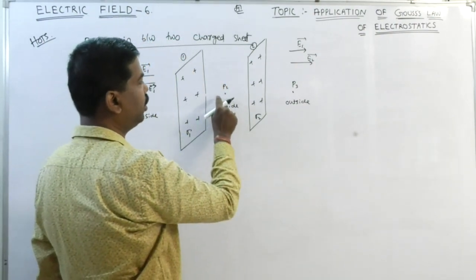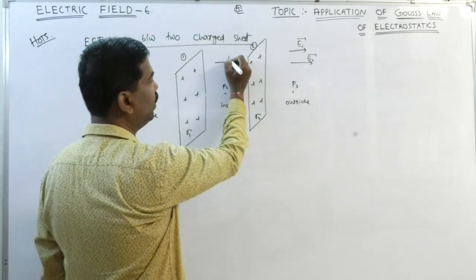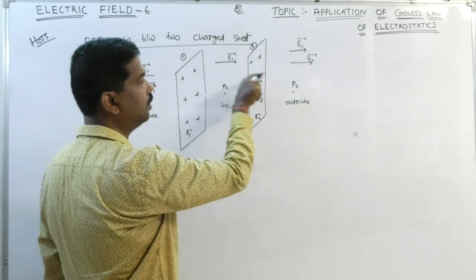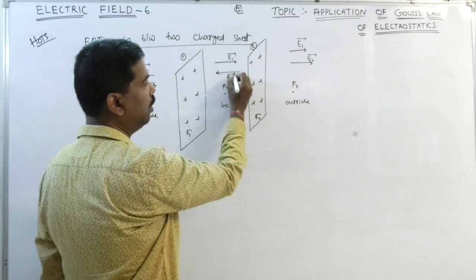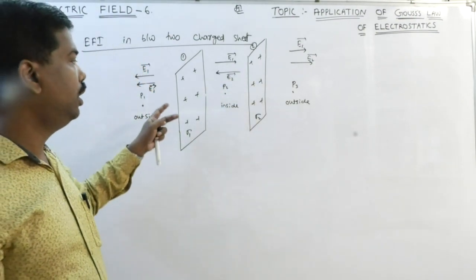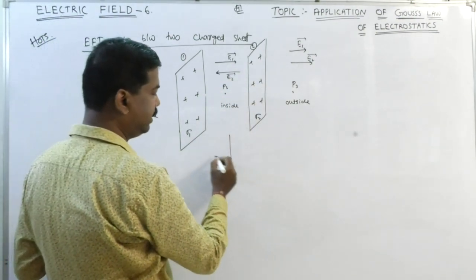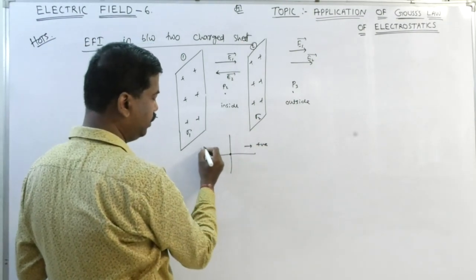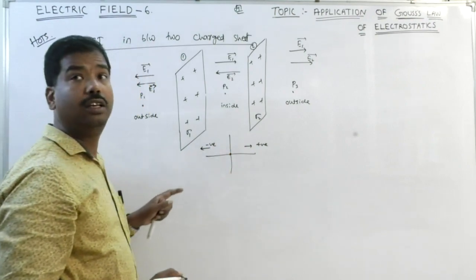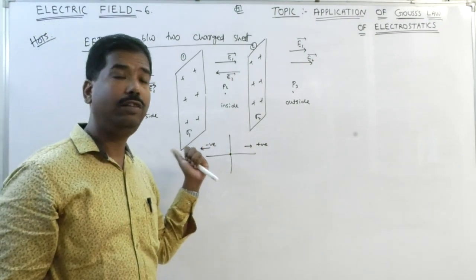But for the P2 position, E1 vector is in that direction, and E2 will be away from the other plate. Listen to me. If you imagine a coordinate system, this direction is positive and that direction is negative.